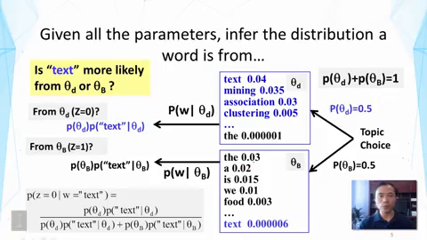Because if we can do this, then we would be able to first initialize the parameter values somewhat randomly, and then take a guess of these z values, which is which distribution has been used to generate which word.